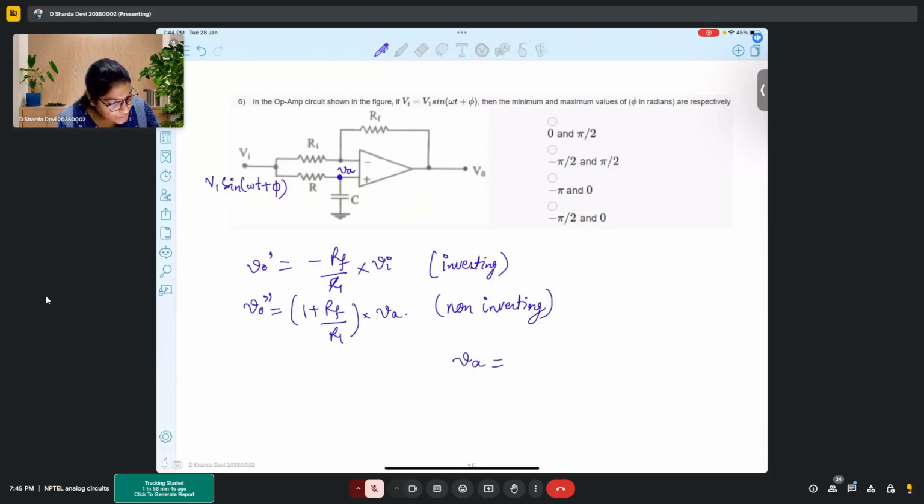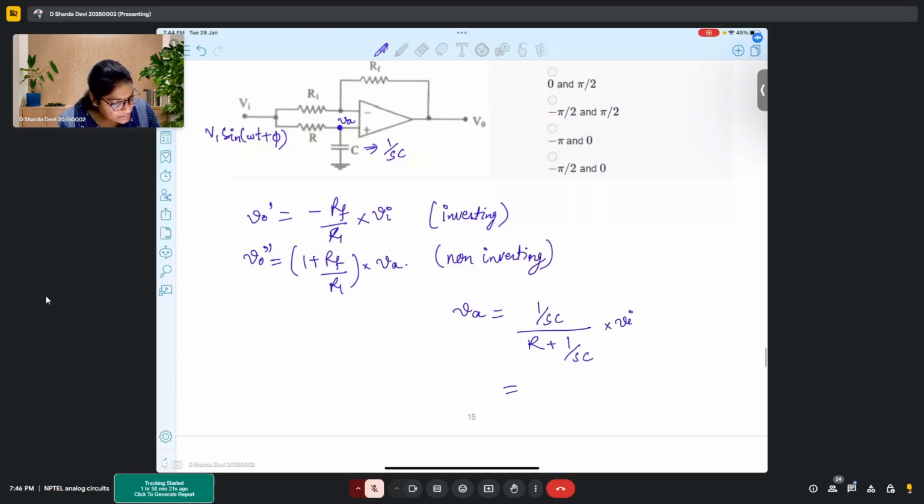Now, what is Va? Let's say I write the capacitor as 1 upon SC. So Va is (1 upon SC) upon (R plus 1 upon SC) into Vi. So this is 1 upon (1 plus RCS) Vi equal to Va.